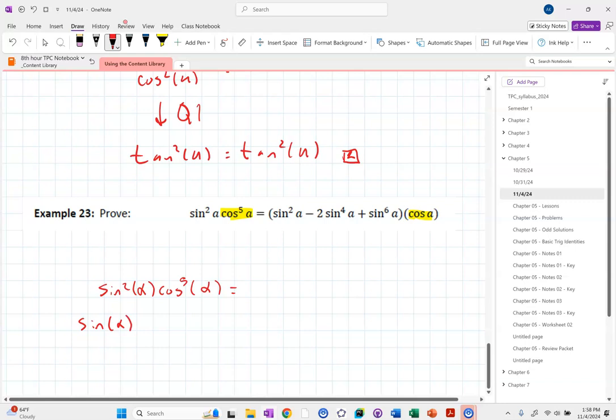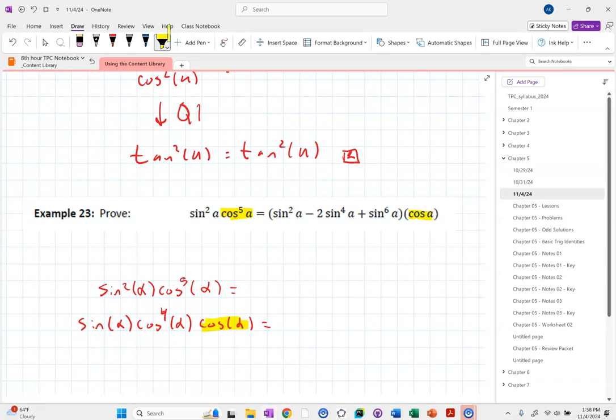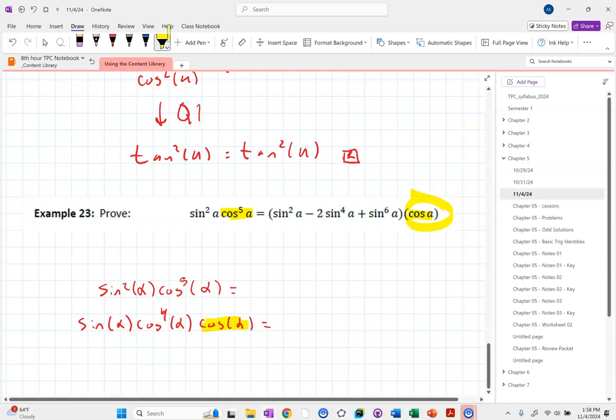I'm going to start by rewriting this cosine to the fifth as cosine to the fourth times cosine, because I have that part of the final answer already set. That cosine alpha at the end is the same as this cosine alpha. That's going to just ride with me to the finish line. I'm never coming back and messing with that guy again. Everybody feel okay there?